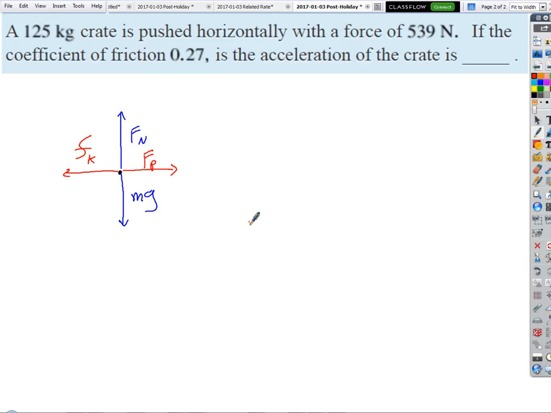They're independent of each other. Normal force and gravity have to equal. So one equation of motion is for the vertical forces, and that one is just the net vertical force, which is normal force minus mg.